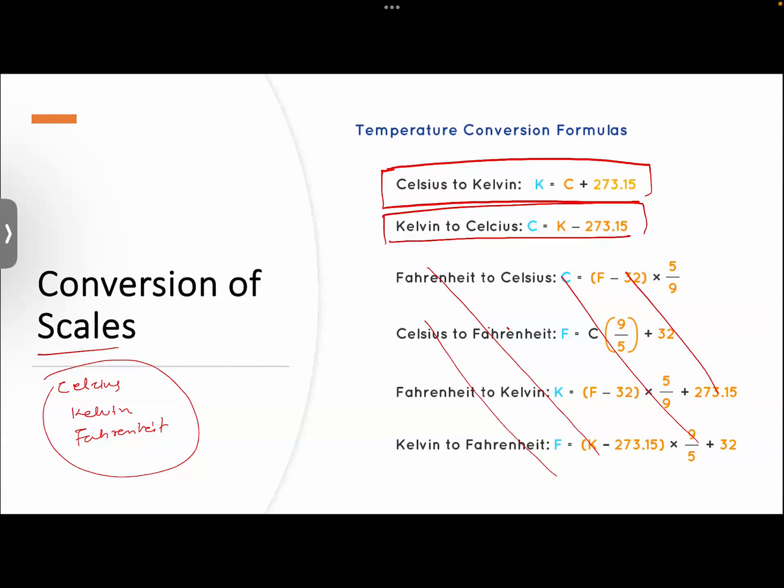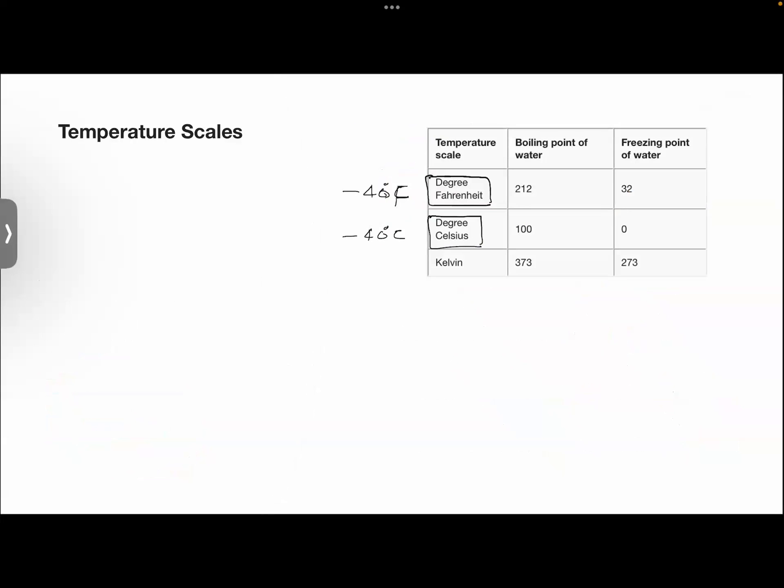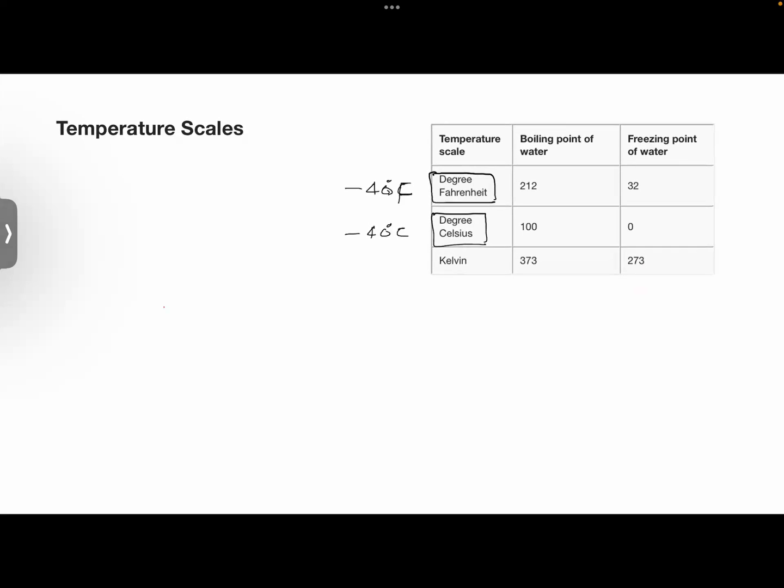So let us understand. If the temperature is given in degree Celsius, we have to convert that into the Kelvin scale. Let's see what we have to do. So let's take up a question.